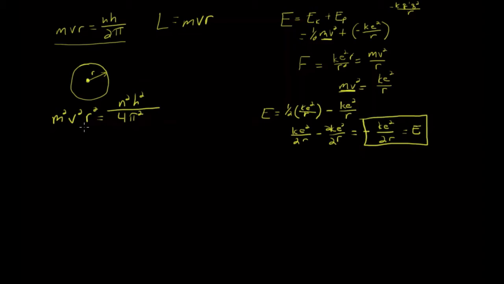Now he wants to get this to mv squared. We've got mv squared in here, if you can see. And so that's just going to be n squared h squared over 4 pi squared r squared m.